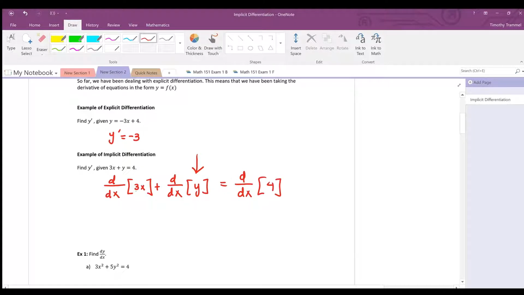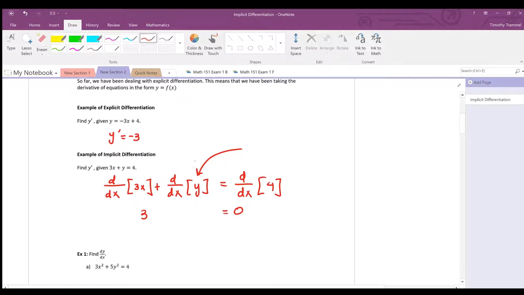nothing here looks very surprising. We know that if we take the derivative with respect to x of 3x, we'd get 3. We also know if we take the derivative with respect to x of a constant, we should get 0. Now the only question is what's going to happen with this derivative with respect to x of y.